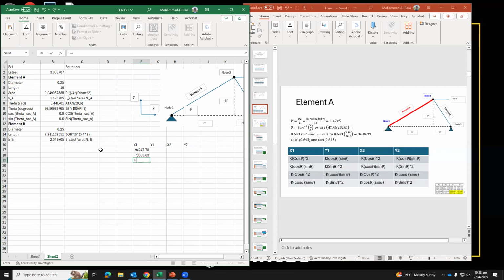Minus k a brackets cosine theta squared. And then the last one for this x1 is minus k times cosine theta multiplied by the sine theta.